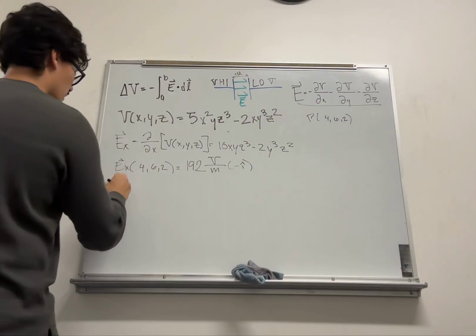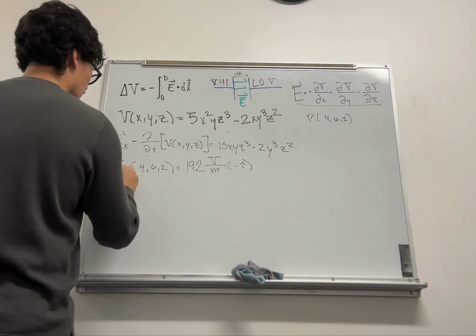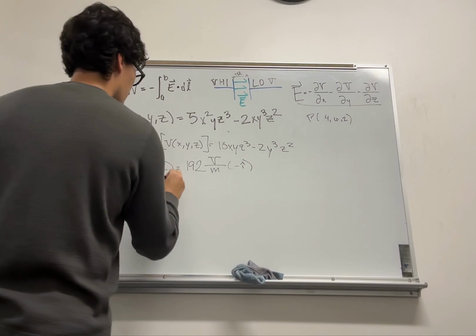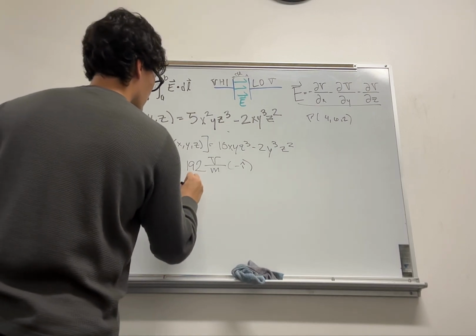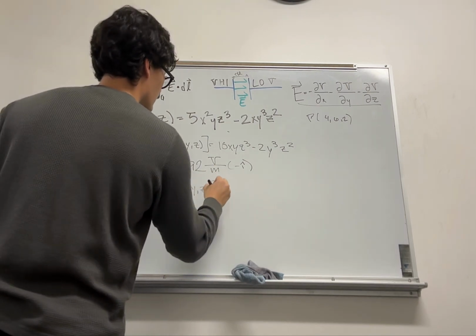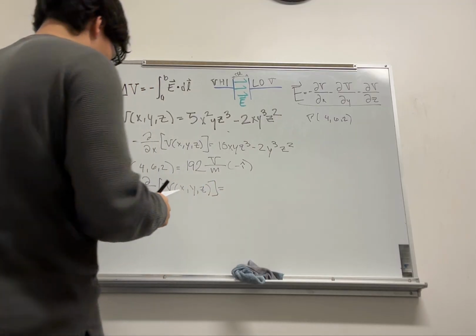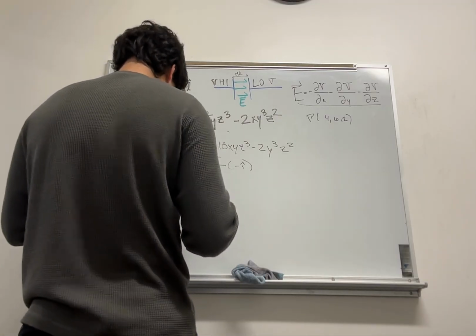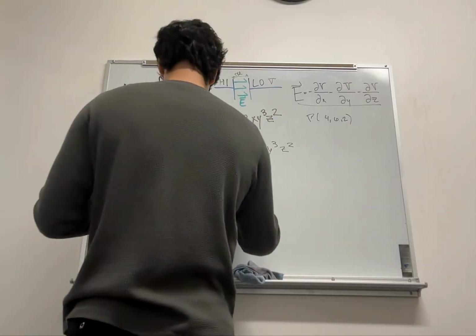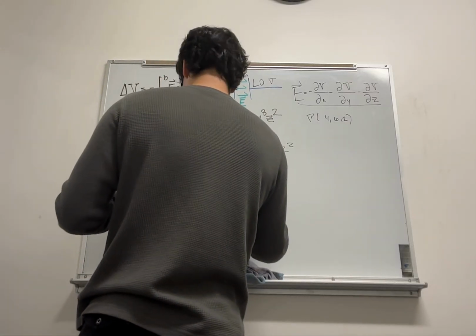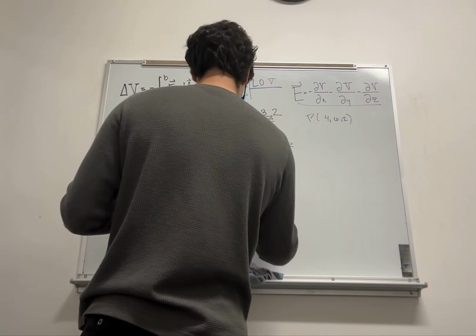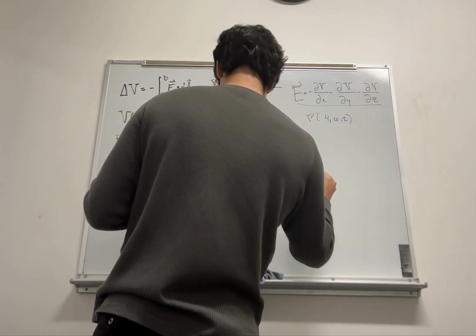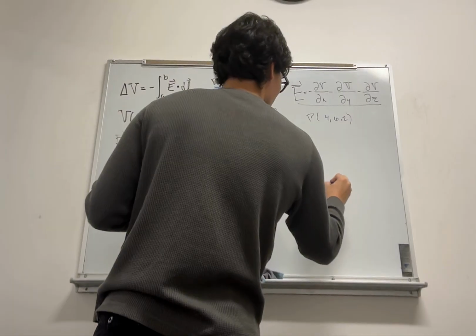So you do the same for the y component. E sub y is equal to the negative partial derivative with respect to y of the voltage equation, which is equal to, one second here, 5x²z³ minus 6xy²z² in the negative j hat direction.